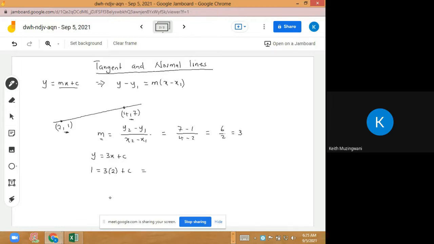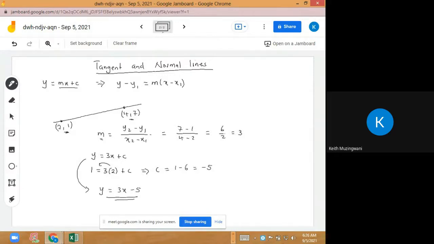So you use it to solve for c by taking this to the other side. So you have 1 minus 6, which is equal to negative 5. You come back to the equation and say, so this equation is y is equal to 3x minus 5. Okay? That's how you find the equation.